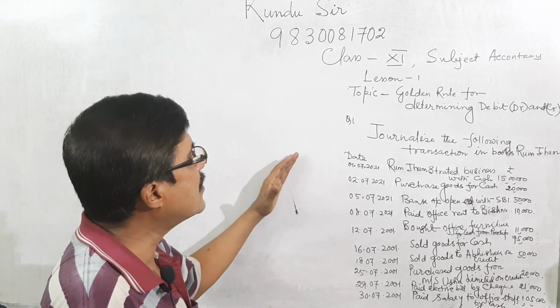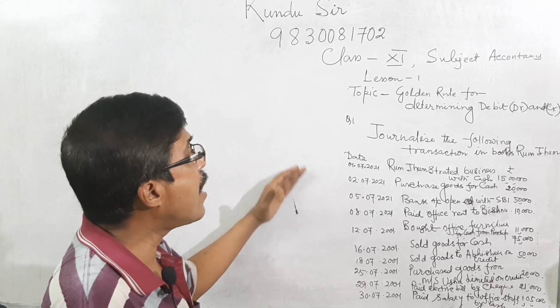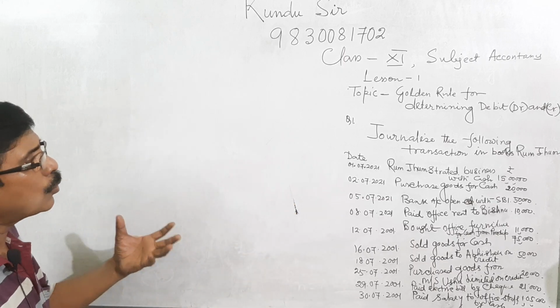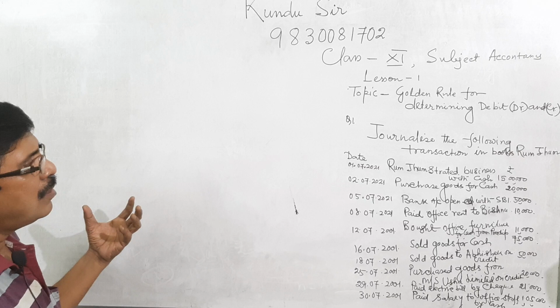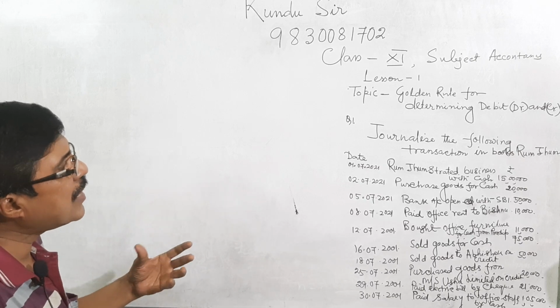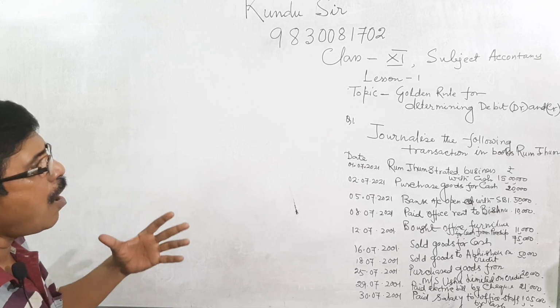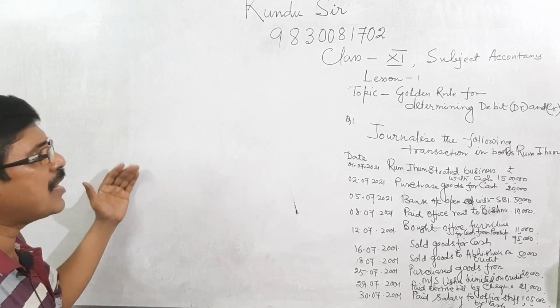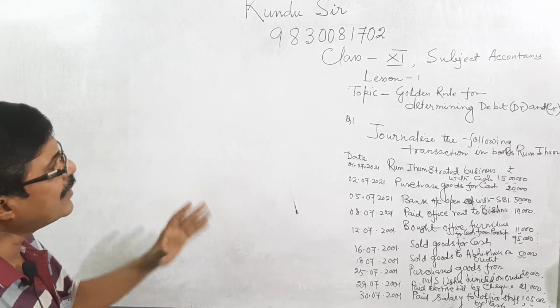So before passing journal entries, we have to learn the rule of determining debit and credit. All transactions have a debit side and a credit side, but there is a rule.